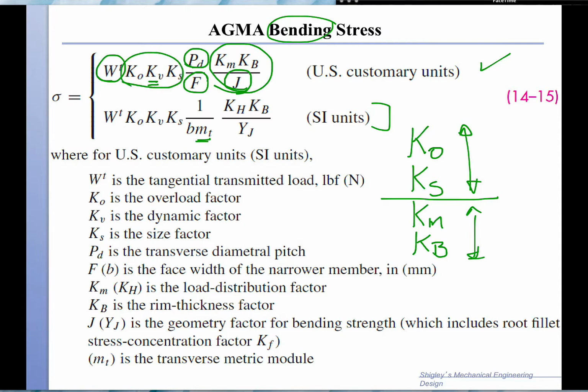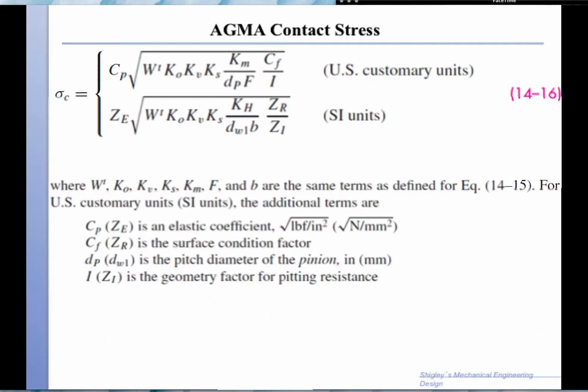So we have overload factor, dynamic factor, size factor, and we have load distribution factor, rim thickness factor, in addition to the J. So if you look at it, we have 1, 2, 3, 4, 5, 6 factors in the AGMA equation that must replace the two factors in the Lewis equation.